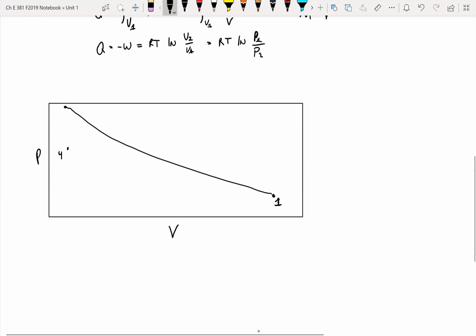And so then if I wanted to get to 0.4, then I would have to do an isochoric cooling step in order to drop the pressure back down to the 40 atmospheres.